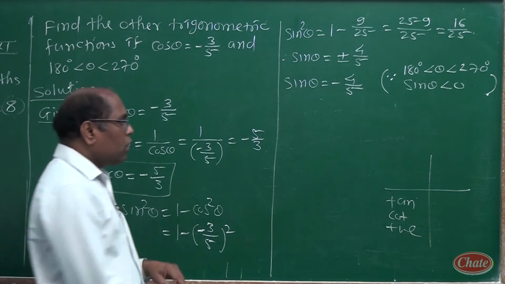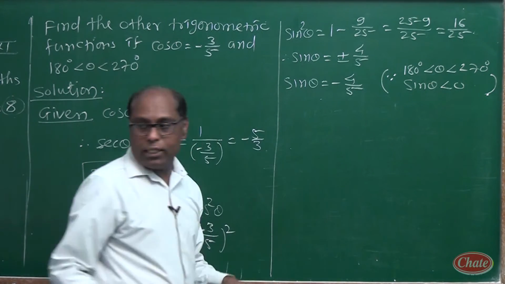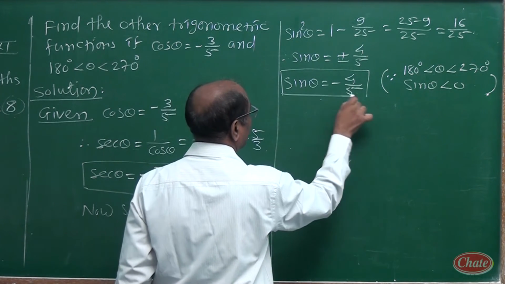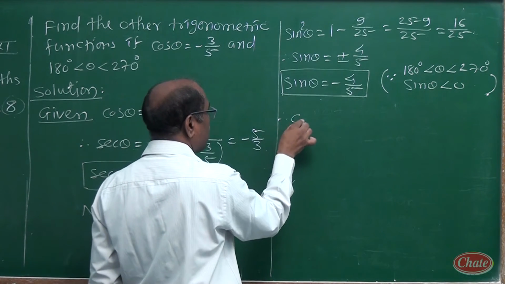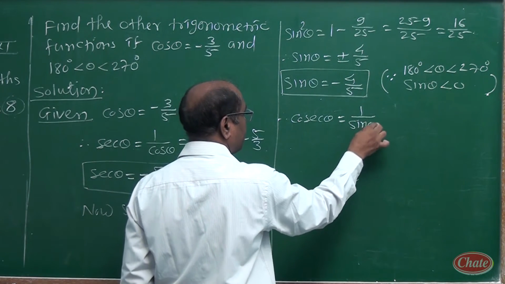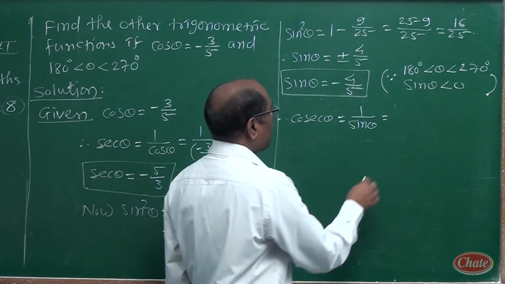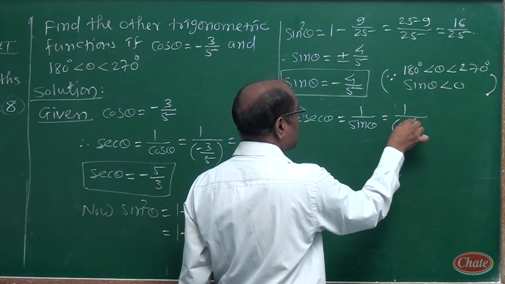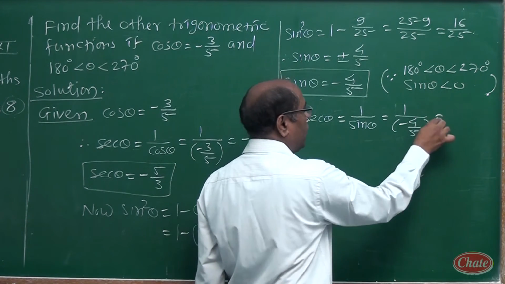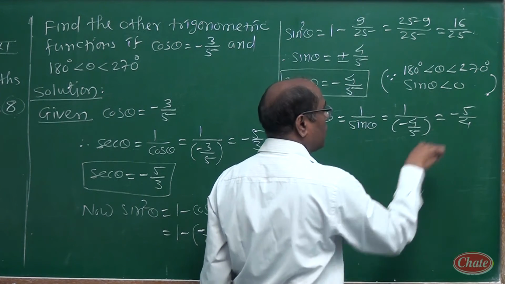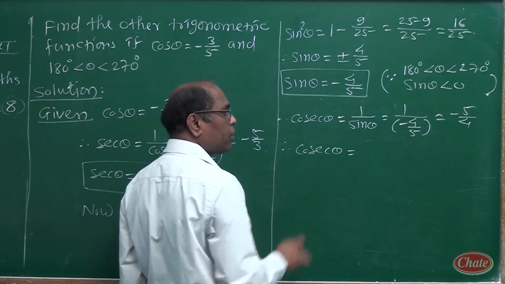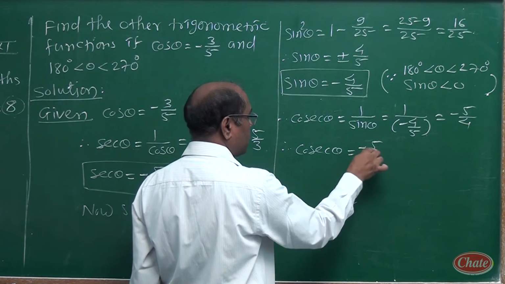So therefore cosec theta means 1 upon sin theta. That is equal to 1 upon minus 4 by 5, and that is equal to minus 5 by 4. So cosec theta is equal to minus 5 by 4.